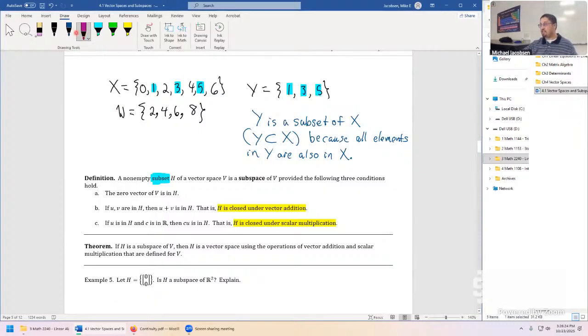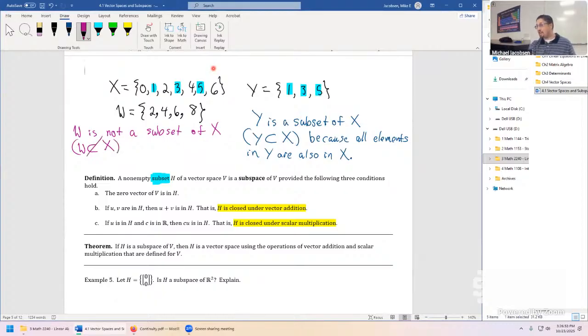That one's a subset. It almost works out for the set W. We have 2, 4, 6, but 8. 8 is not in the set X whatsoever. So we would say W is not a subset of X. In symbols, you might write it this way, W subset X, and then just put an angry slash through it.